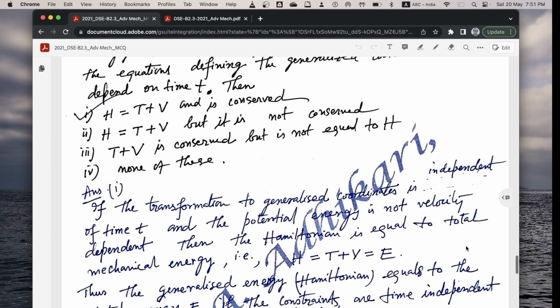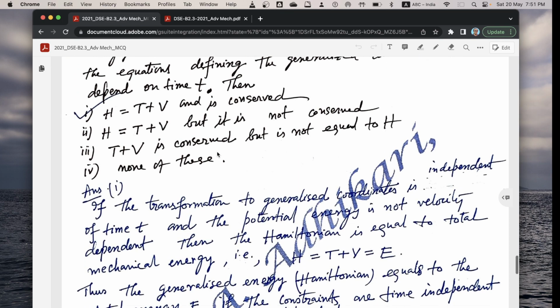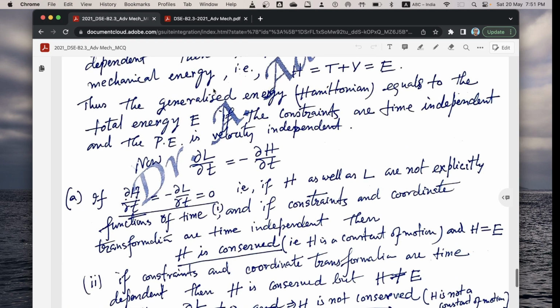So here, a dynamical system with kinetic energy and potential energy is described by the Hamiltonian. Assume the equations defining the generalized coordinates do not depend on time. So H equals T plus V and H is conserved; it does not depend on t.